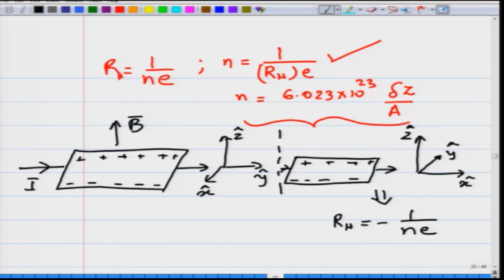This is very important because the negative sign actually makes a lot of difference. The Hall coefficient is not only dependent on the density of charge carriers and how much charge is present on the charge carriers, but it also depends on the sign of the charge carrier.